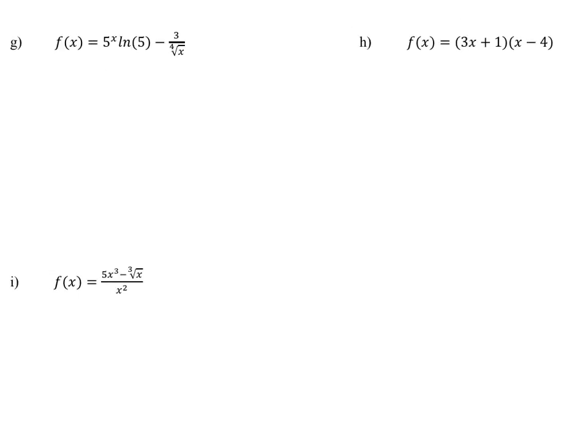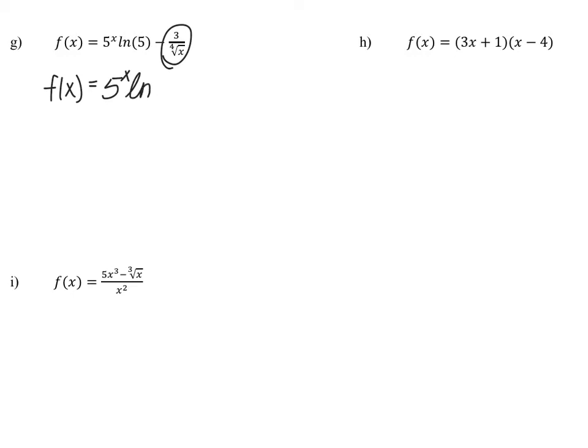This next function is 5 to the x power times the natural log of 5 minus 3 divided by the 4th root of x. So like we did in our previous example earlier on when we had a radical, we rewrote the radical in its exponent form. So let's do the same thing here. Before we compute the antiderivative, let's just rewrite the second term of this function.